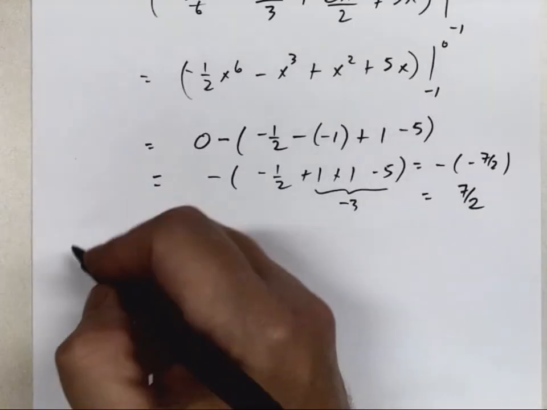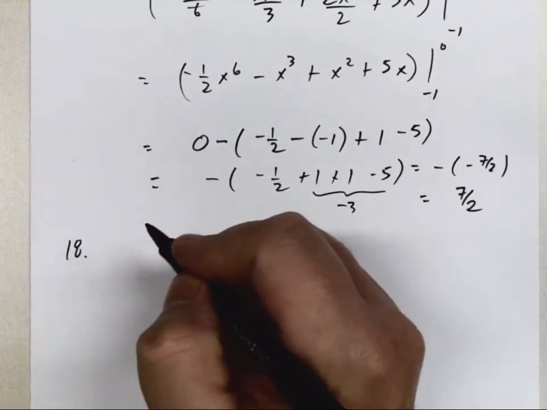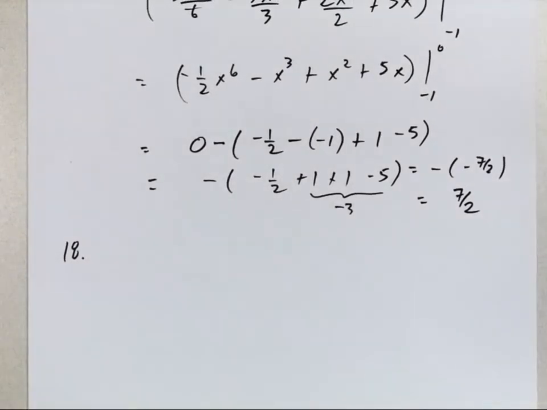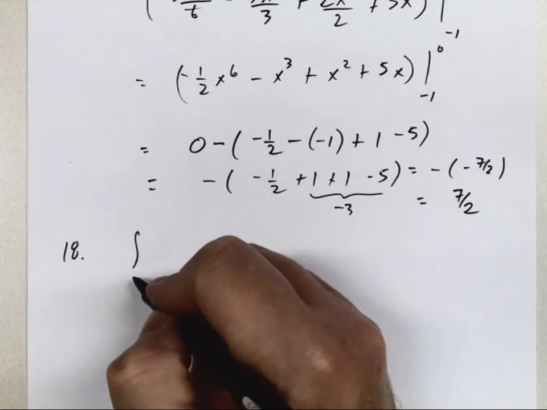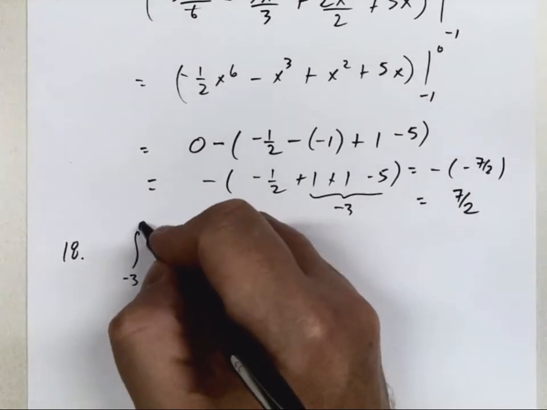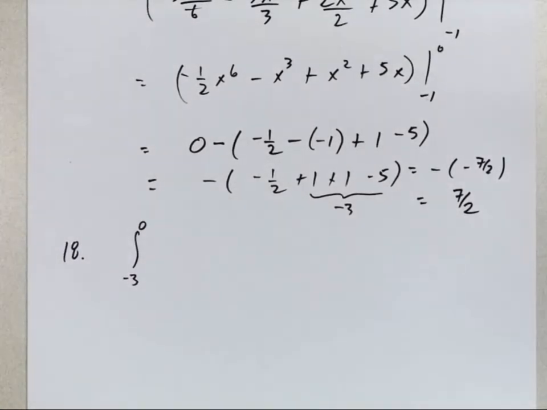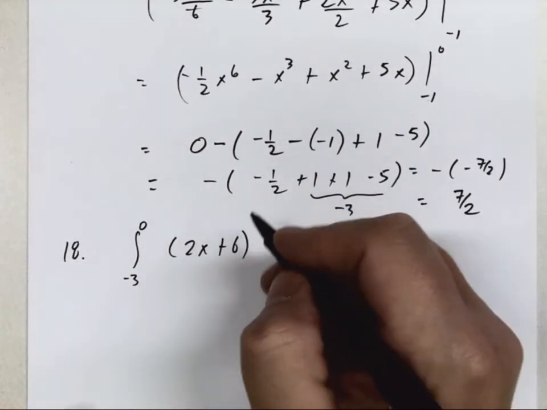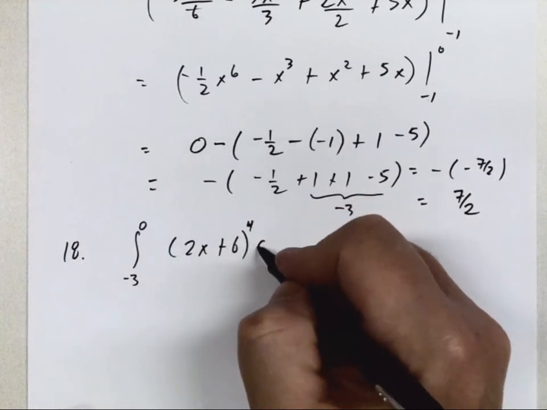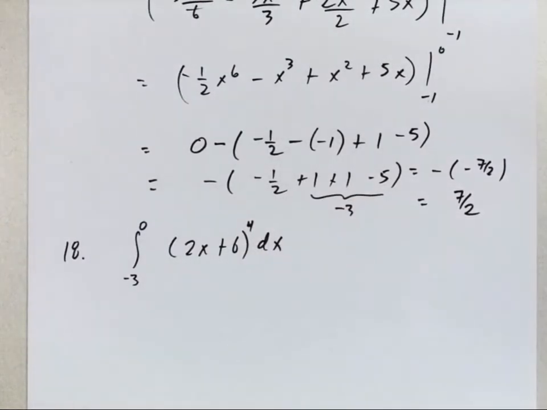And the last one, 18, although there are 19 in this first review, the 19th one was sort of a mistake. It doesn't really work. So I'm not going to do 19. So this will be my last one. The integral from minus 3 to 0 of 2x plus 6 raised to the 4th power with respect to x.